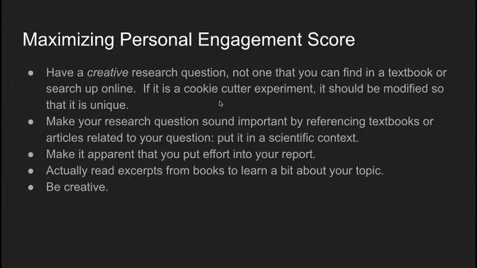So how do you maximize your personal engagement score? The main way is to have a creative research question, not something that you can find in a textbook or online. Okay. So showing personal engagement means you have some creativity.